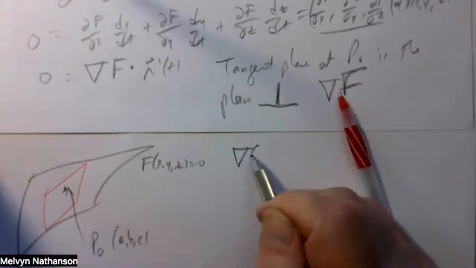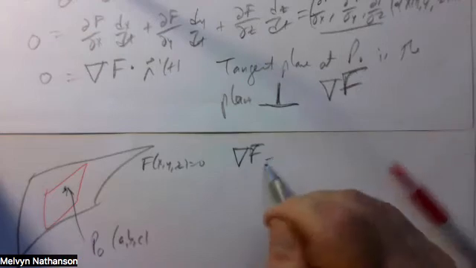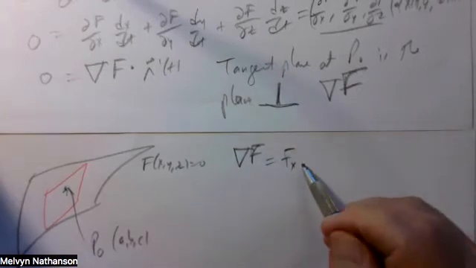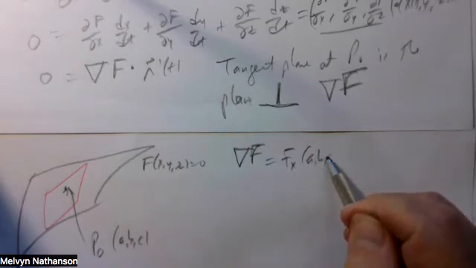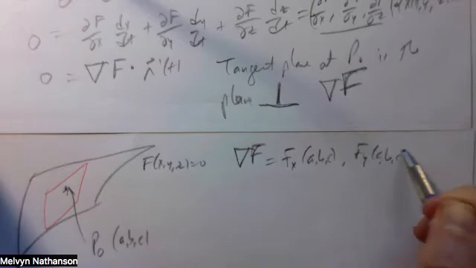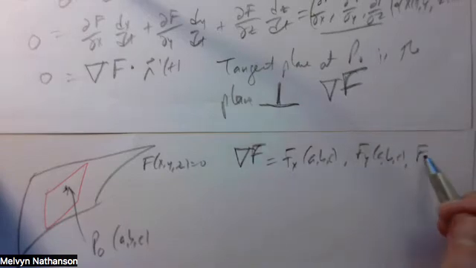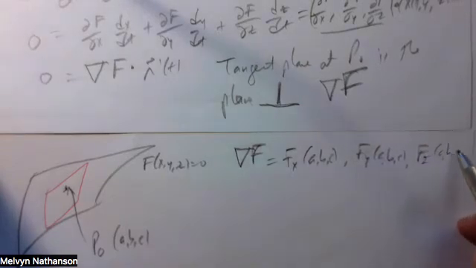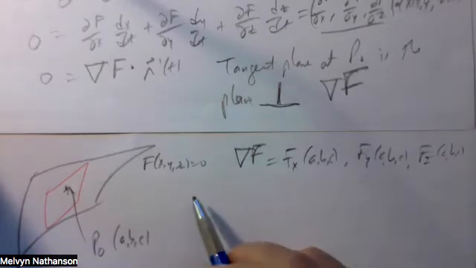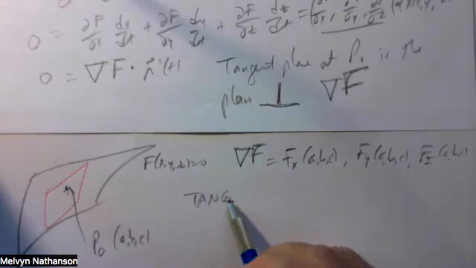The gradient of f is the partial of f with respect to x, partial of f with respect to y at this point, partial of f with respect to z at a, b, c. So the tangent plane will have the following equation.